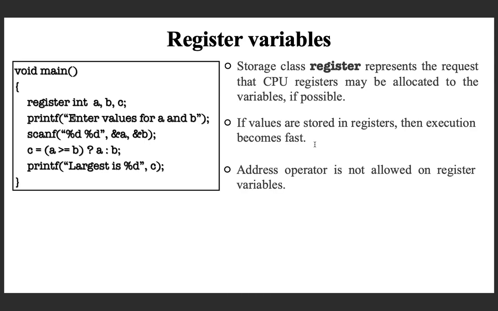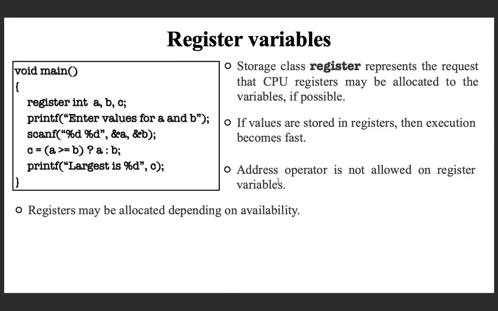And one point that you have to note is that when you are having registers allocated for the variables, then the address operator is not allowed, because the address operator works on memory only. That is, if the variable is getting memory allocated in the RAM, then the address operator is valid.